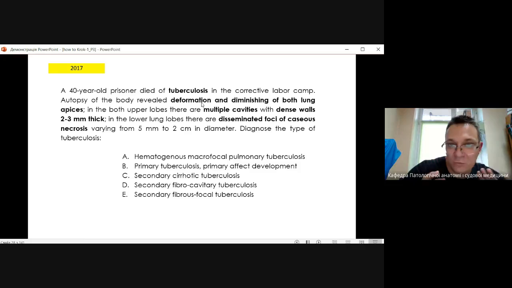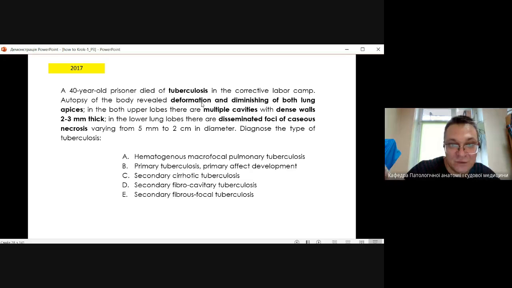Even if you don't know the topic of tuberculosis, just catch these keywords: fibrosis, fibrotic walls, and the cavities, fibrocavitary tuberculosis. In case of cirrhotic tuberculosis, you won't see cavities. You will see rather cirrhotic changes in the lungs. So lungs are deformed and diminished, like in the apices over here.